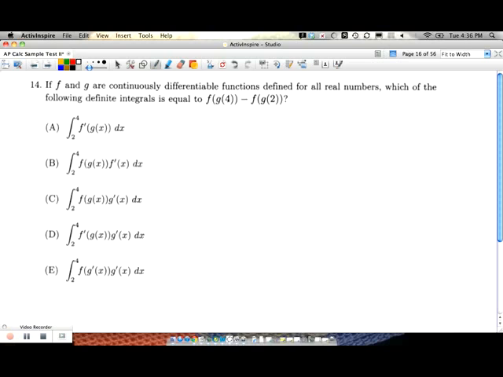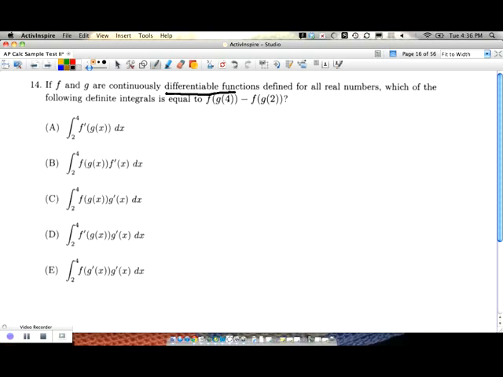For this next prompt, it's saying that f and g are continuous and differentiable the entire time. Why would they say that? Here we go.